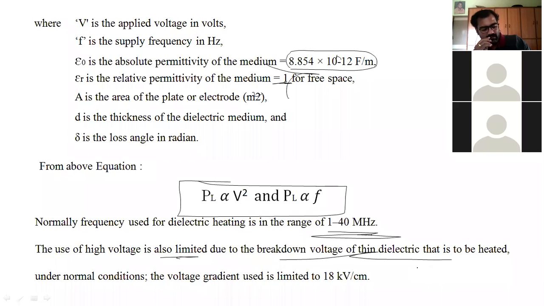Under these normal conditions, the voltage provided to heat up this dielectric material is limited to 18 kilovolts per centimeter. If you consider 100 centimeters, then the total voltage used under normal conditions is 180 kilovolts for the 100 centimeters length.